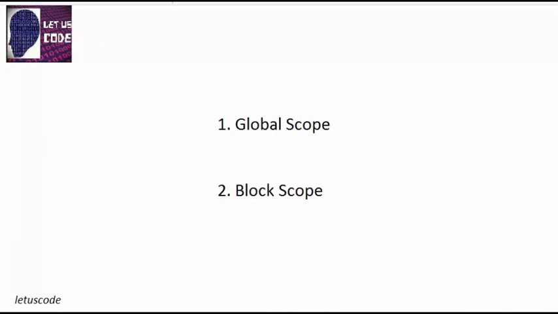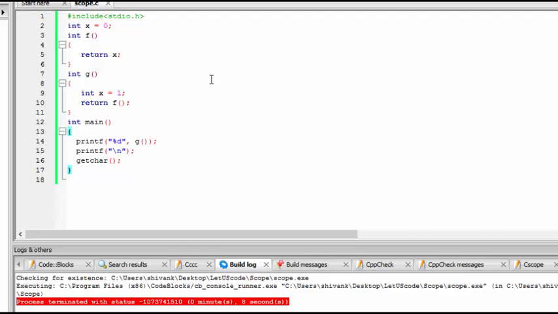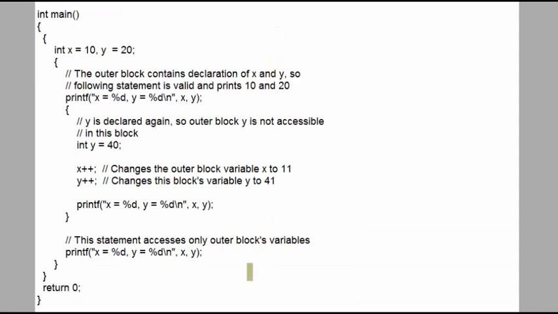Now the second is block scope. For those who don't know what a block is, a block is a set of statements enclosed within right and left curly braces. In this program, this is one block and this is the second block. Now a block can be nested also.